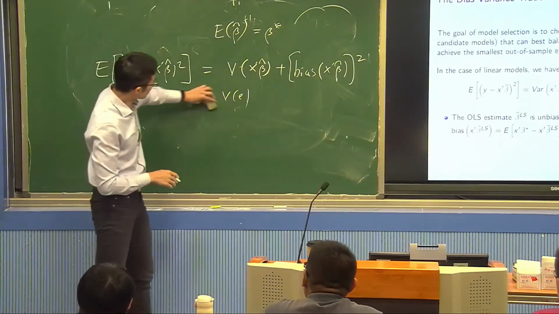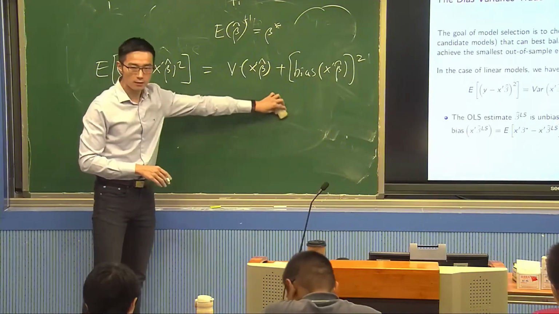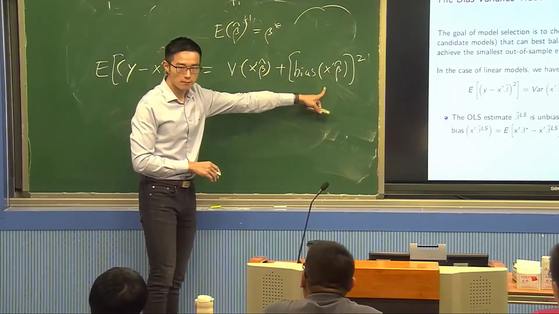I don't care about this, so let's delete this variance of epsilon and focus on variance plus bias.